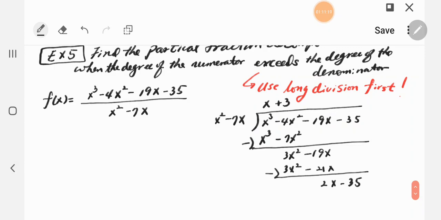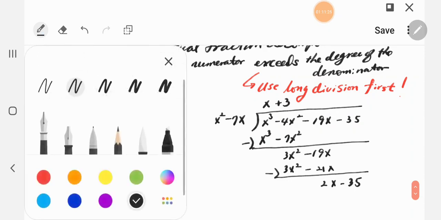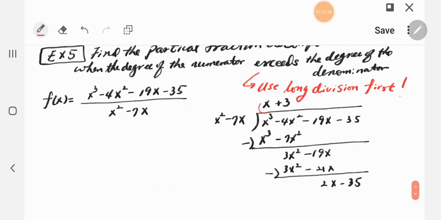So 2x minus 35 is the remainder, and then x plus 3 is the quotient. Okay, so this is the quotient, and this is the remainder, and this is the divisor.